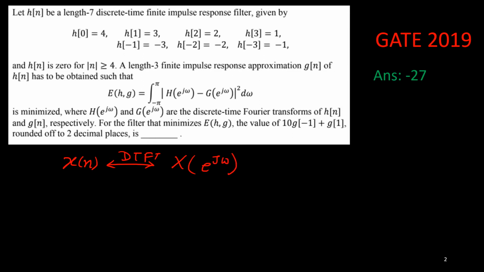If it is an energy sequence, so if it is finite length, then obviously it is an energy sequence, right? x of n is an energy sequence.